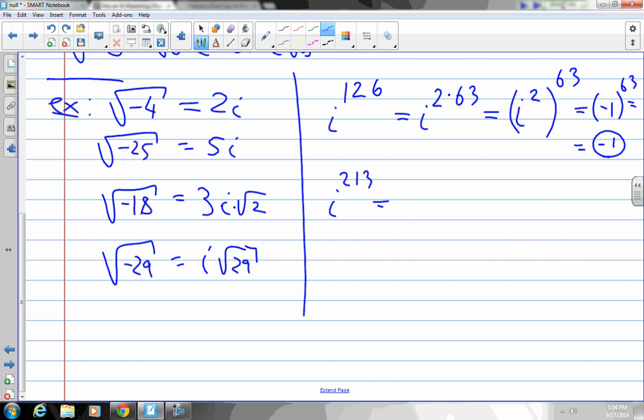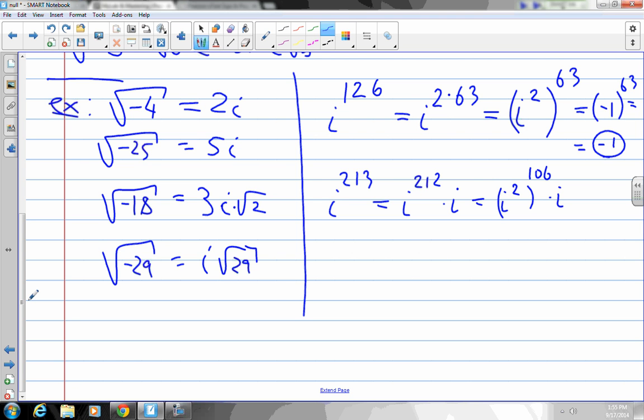So in order for me to make 213 even, I'm going to borrow 1 from it. Is this the same as i to the power 213? i to the power 212 times i? Okay, so I have this little i just hanging on the side, and I'll do the same operation I did with the above example. 212 is even, so I'll write it as i squared to the power 106 times i.